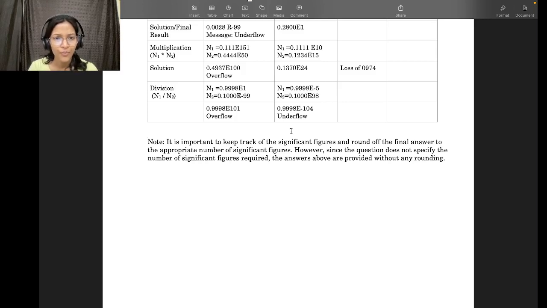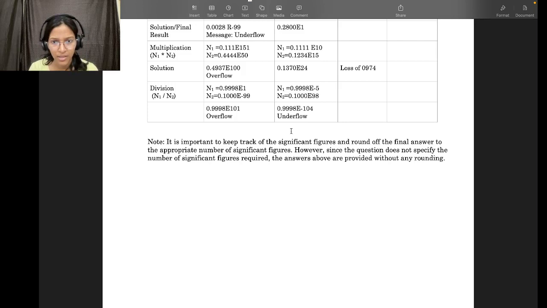So when we solve, we find the value of data 1 is 0.0998 e to the power 101, and it gives the overflow value. And in the second data, we will find 0.998 e to the power minus 104, that is underflow.